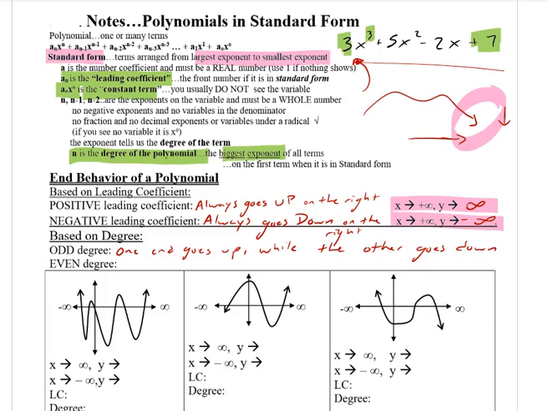If it's an even degree, both go the same, or let's say both end the same direction.